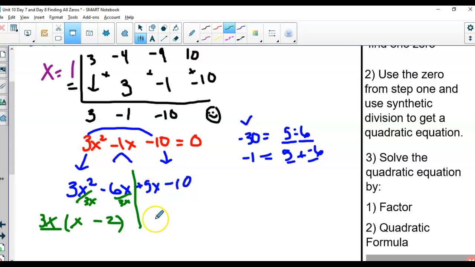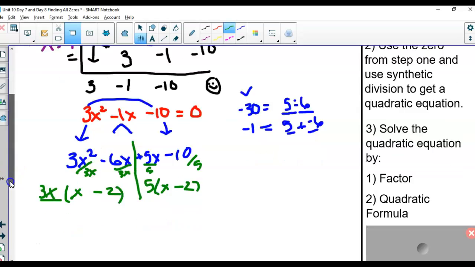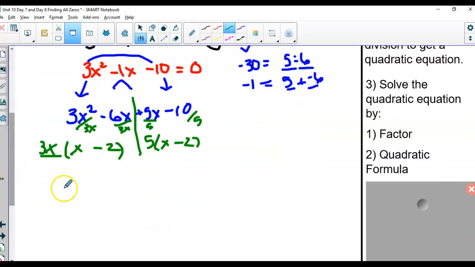And here I have a 5 and a negative 10, so that's going to take out a 5. I divide it out. That gives me an x and a negative 2. Okay, so now what I want to do is I know I did it right. I have my x minus 2 matching, so I write that once. Okay, and then I have 3x plus 5.